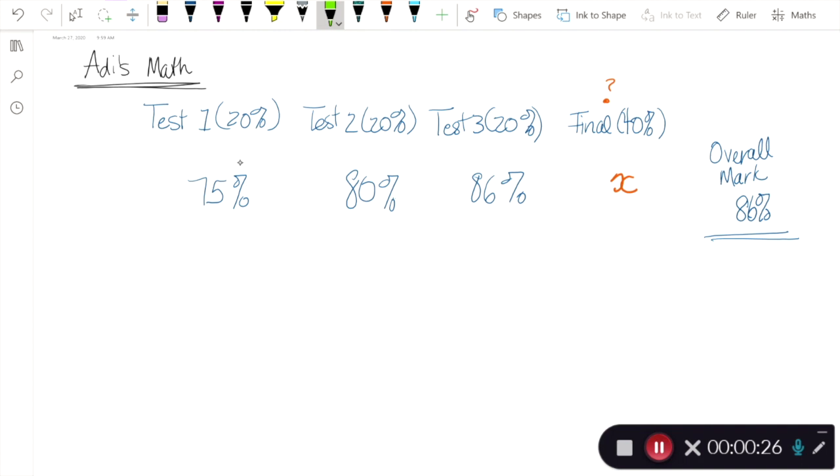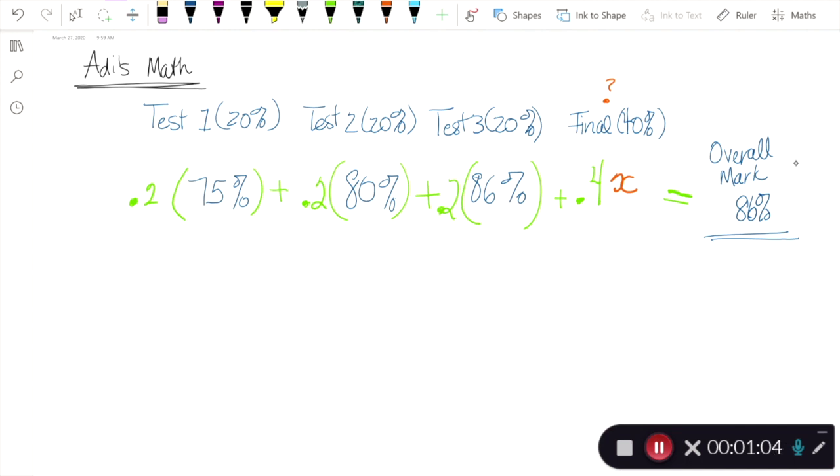Well, if test 1 is worth 20%, and we can say 0.2 or 0.20, it depends on how you want to write it, 0.2 is fine. 0.2 times 75 plus this second test is also worth 0.2 times 80 plus third test is also worth 0.2 times 86 plus final exam's worth 0.4 times x, because we don't know how much the final is going to be, equal to an overall mark of 86.